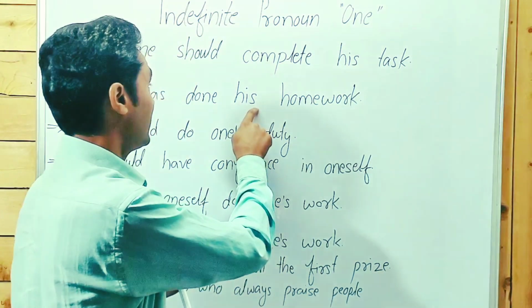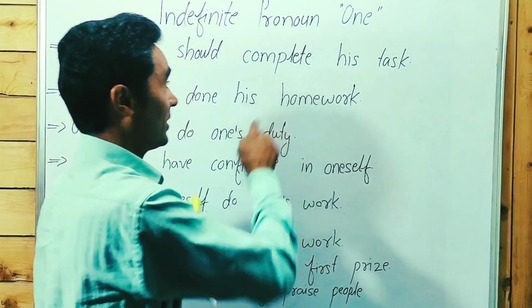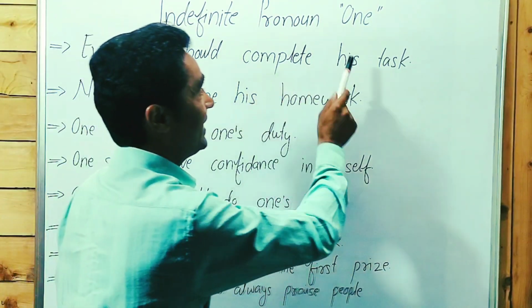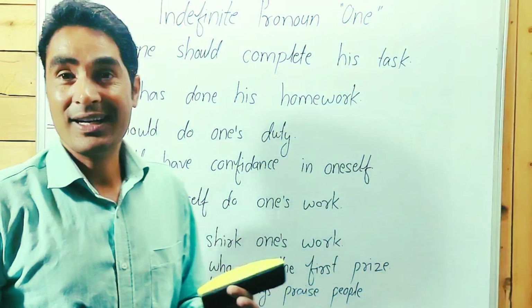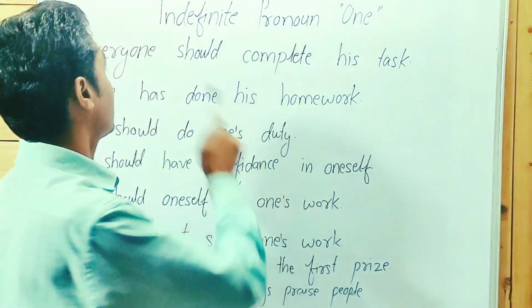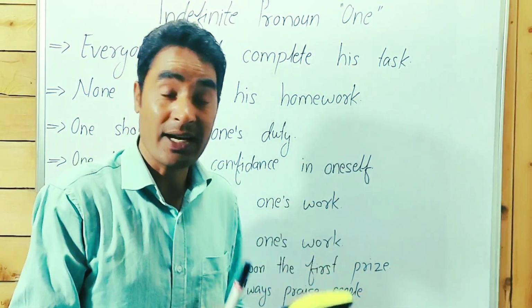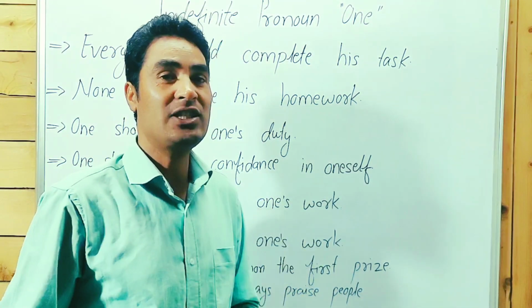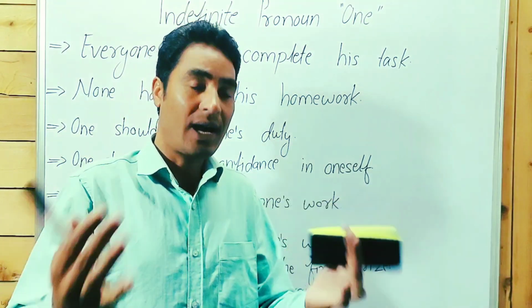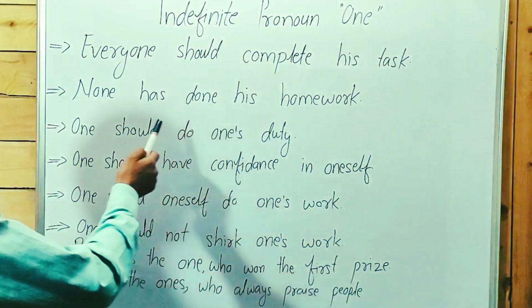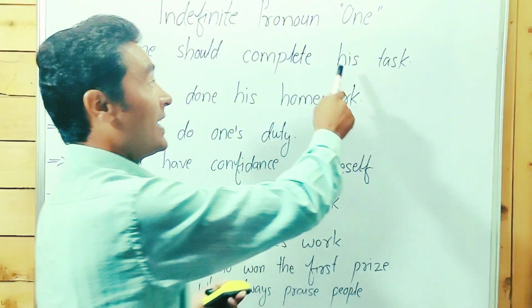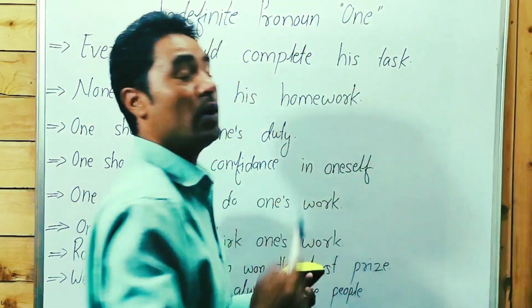Here we don't say her homework. Everyone should complete her task? No, incorrect. But, guys, everyone should complete their task can be written over here. I will teach you in upcoming videos what is the difference between everyone should complete his and their task.